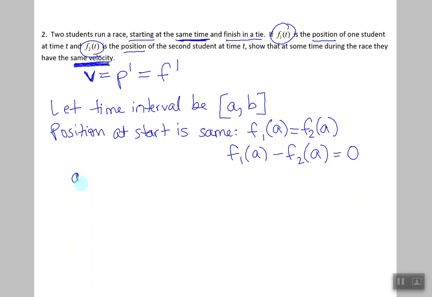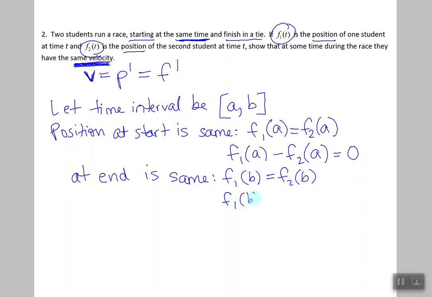Also, at the end, it's the same position. So f sub 1 of time b equals f sub 2 of time b, and doing like what we did in the first one, f sub 1 of b minus f sub 2 of b will equal 0.